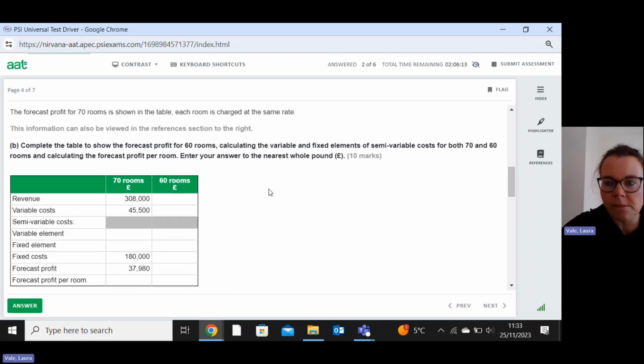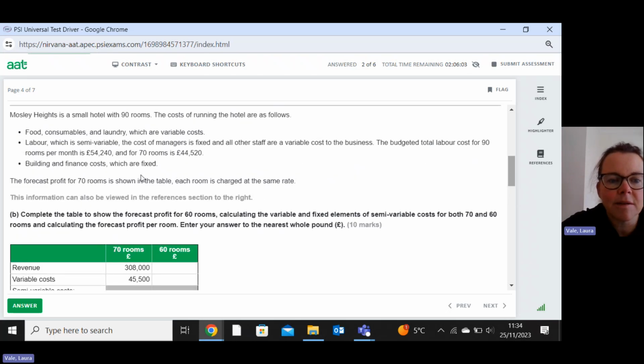I don't think I can draw on this, so I'll just have to explain it. We've been given data for the high-low. We've been told 90 rooms is 54,240, whereas 70 rooms was 44,520. So that means that for an extra 20 rooms, it has cost an extra £9,720.